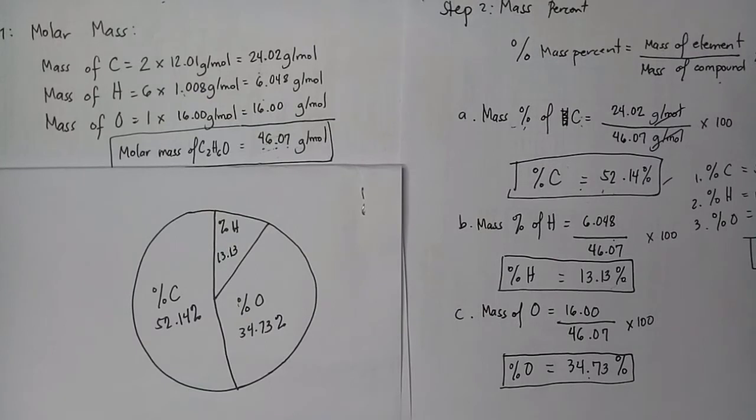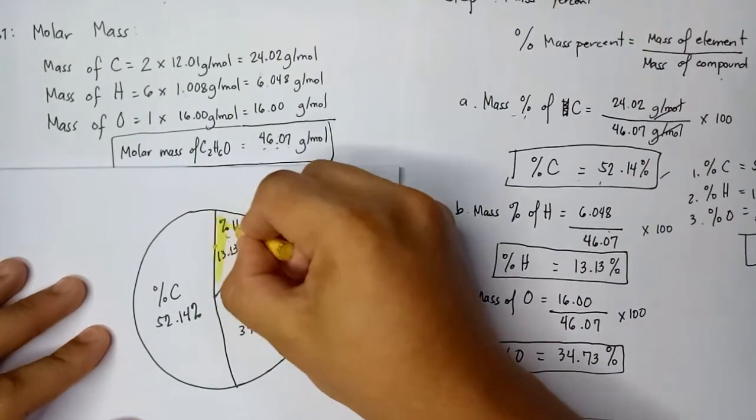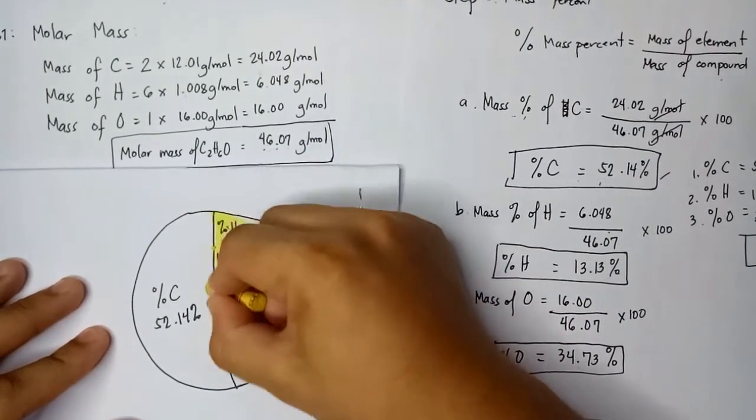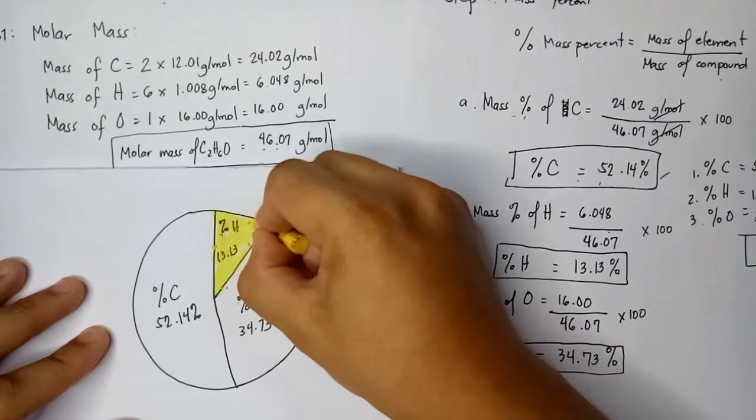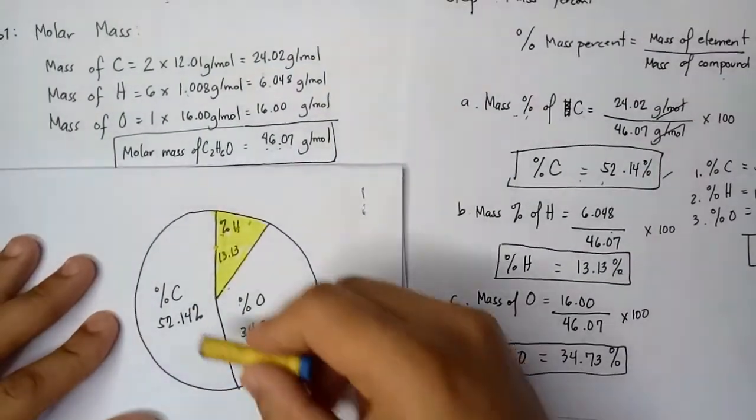Ganyan kung ilalagay natin siya sa graph. Para mas maganda, kulayan natin siya. For example, I will color yellow para kay hydrogen. Then blue naman kay carbon.